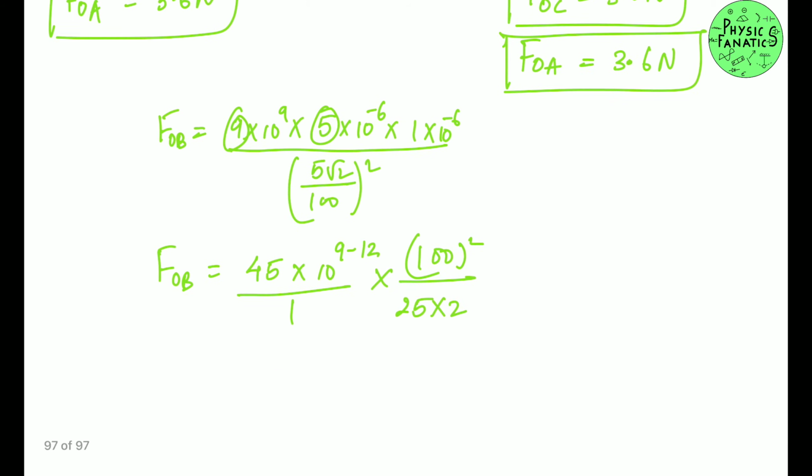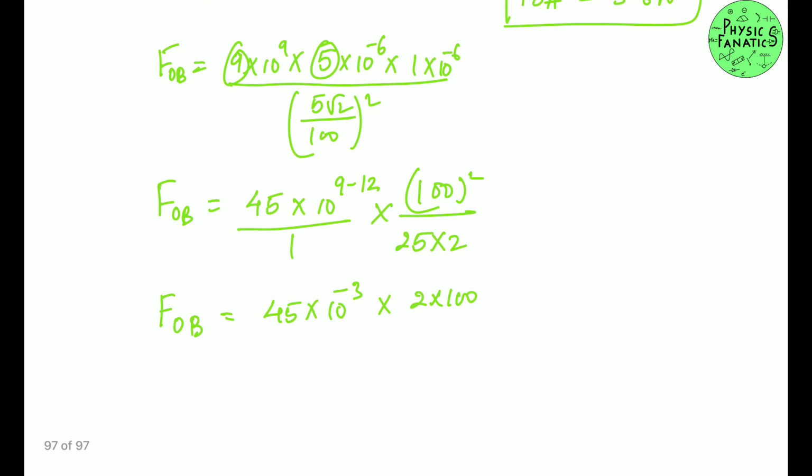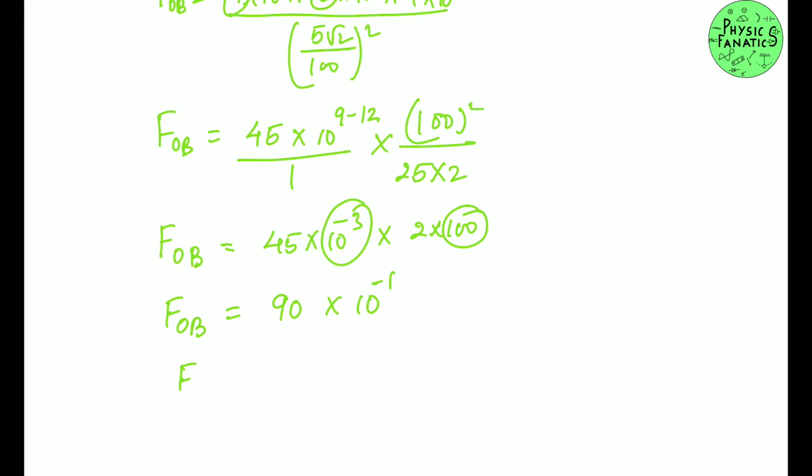So FOB is equal to 45 into 10 to the power minus 3. This is actually 2 into 100. And 45 into 2 will become 90. 90 into 10 to the power minus 1.